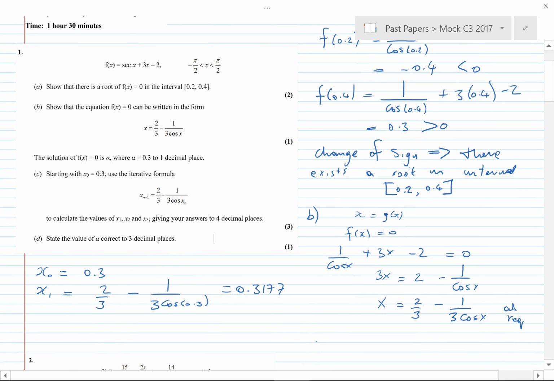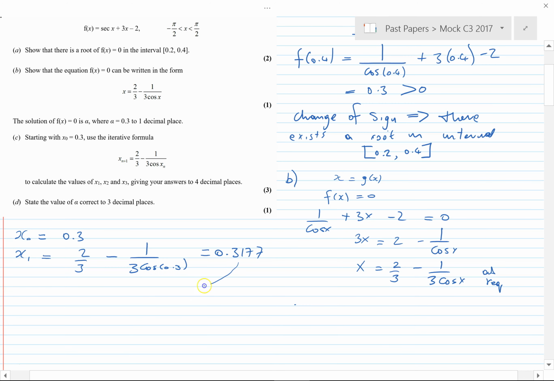And then we do the same procedure again. I won't write every single one out. But basically what we're doing is, instead of 0.3, we're putting 0.3177 in. And that's x2, which comes to 0.3158.